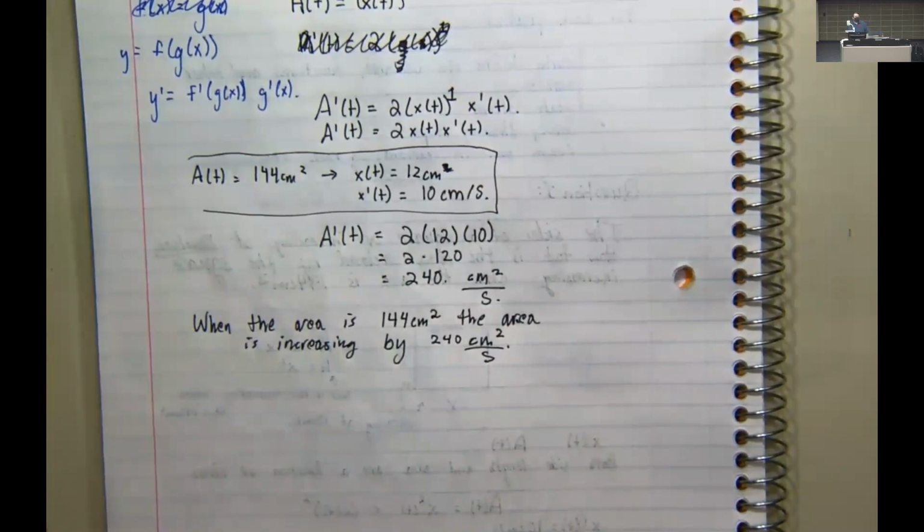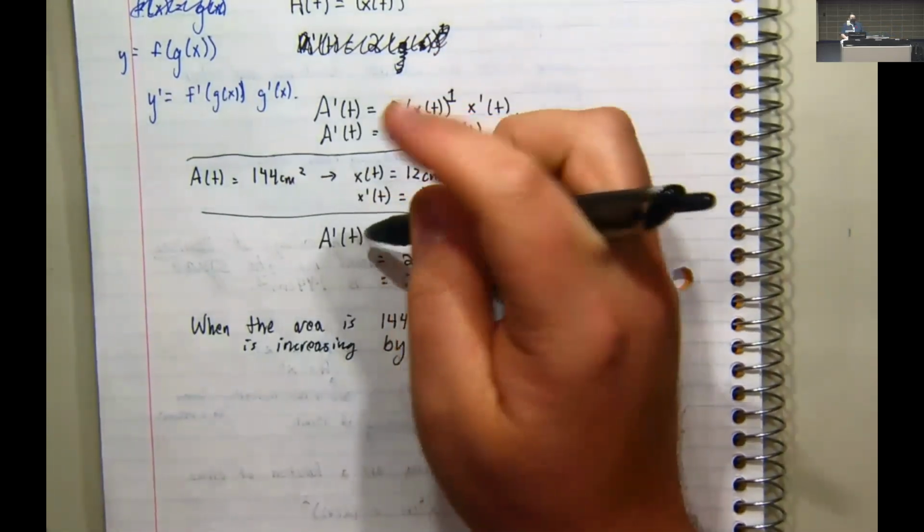Are there any questions about that? Yeah. It's not asking for the time. So it's just asking here for the speed. So we're just finding what is A prime at t.